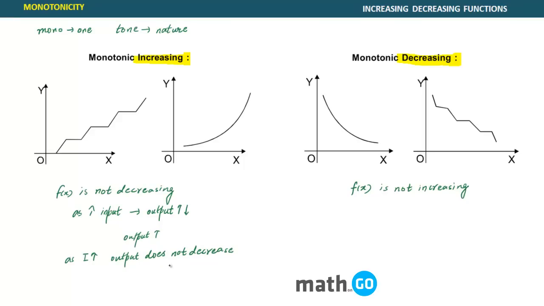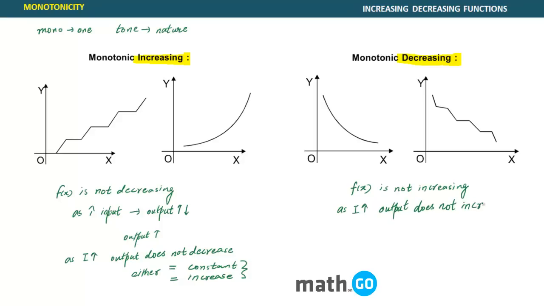Does not decrease has two categories. What two categories? It could be constant or it could increase. Both of these categories fall into the monotonic increasing component. So if I say as input increases, output does not decrease, that means it could either be constant or it will increase. Similarly here, as input increases, output does not increase.